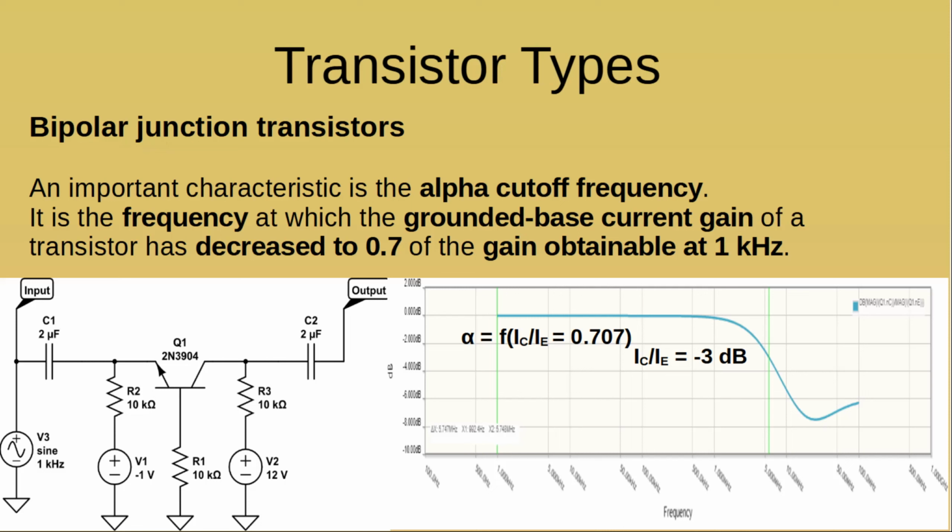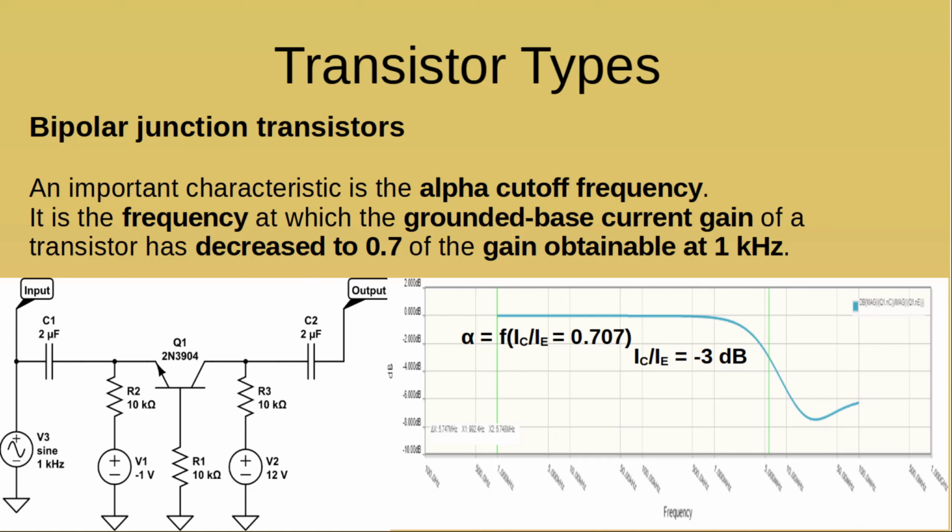And here's alpha. It's defined as the frequency at which a grounded base amplifier, this circuit, has a current gain of 0.7 or 0.707, this is 3 dB down, of the gain attainable at 1 kilohertz.